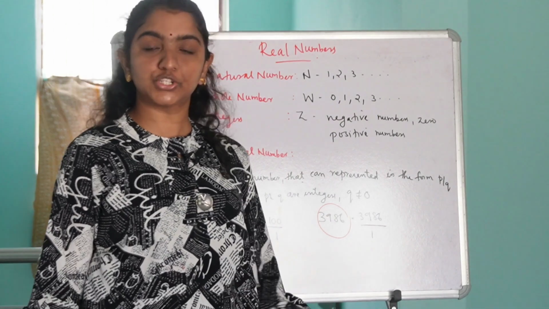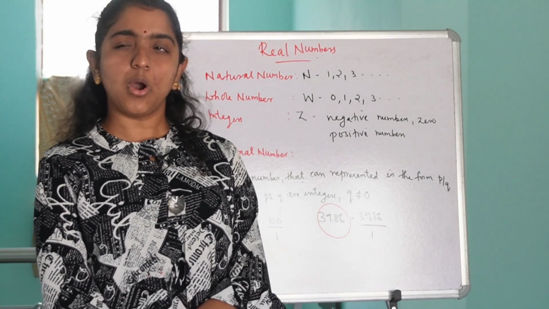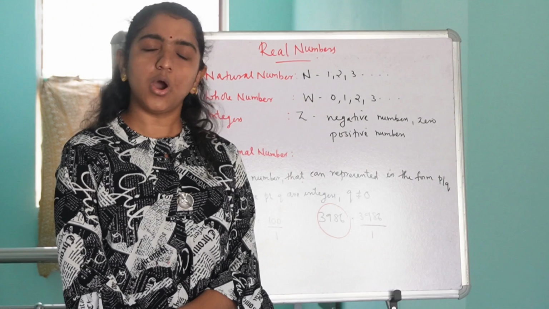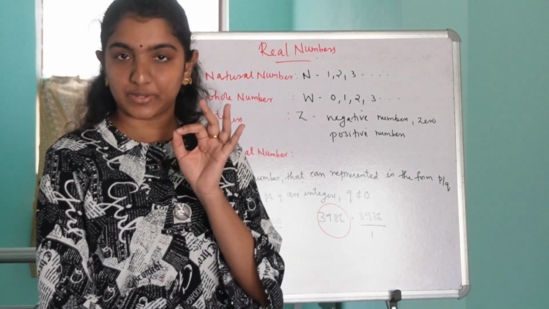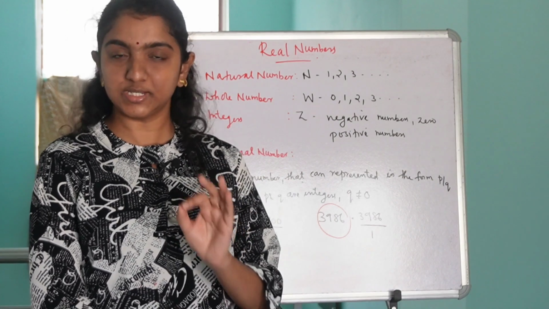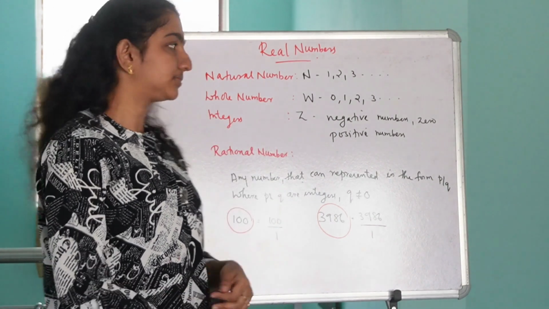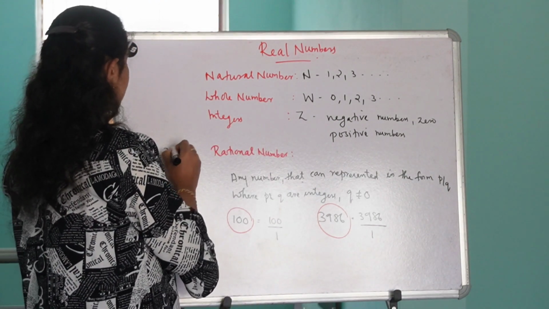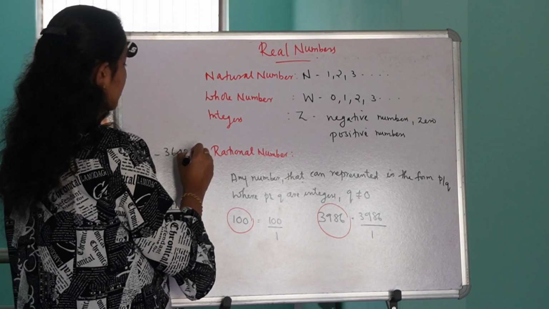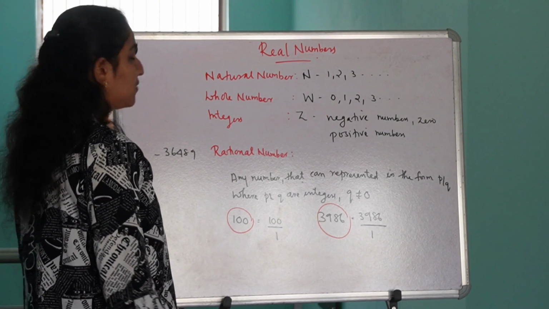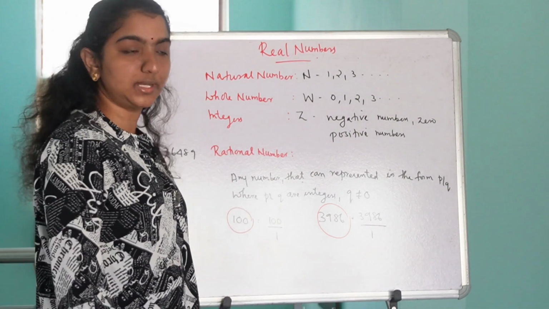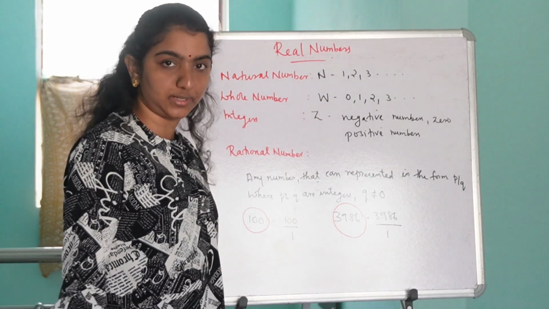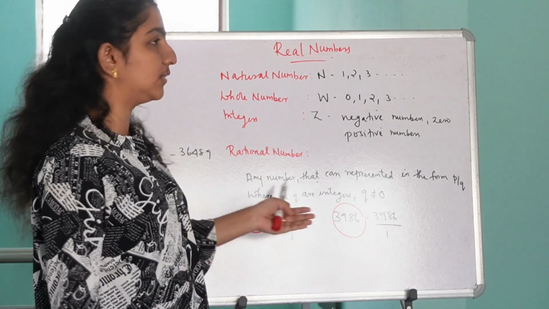So in short, we can say all the integers can be represented in the form p by q, isn't it? Say for example, minus 36,489. This number is an integer. Can we write this integer in the form p by q?